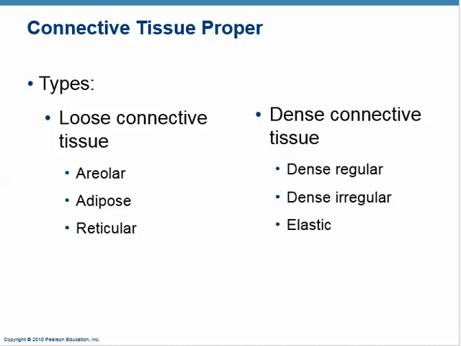So the tension comes on a lot of different angles. So this would be things like parts of the dermis of the skin. We'd find this in the fascia surrounding muscles and that kind of thing. Dense elastic is probably more like the dermis of the skin, where it's going to be able to stretch and bounce back.